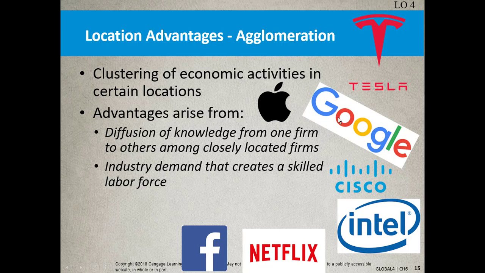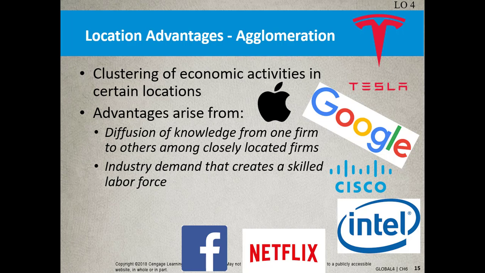Well, it's kind of easier to develop when you have a bunch of scientists and engineers in Silicon Valley who can help you do that. And so the diffusion of knowledge from one firm to others among closely located firms, and industry demand, creates a skilled labor force.